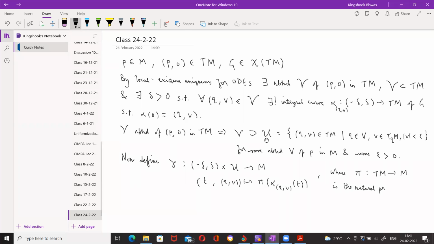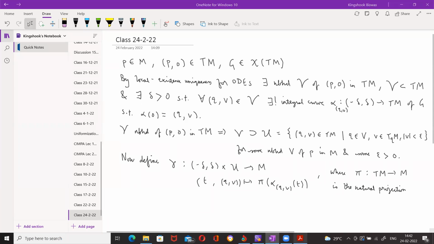Is this clear? So this is explicitly the map gamma. Is it okay? All right. So that proves this proposition.